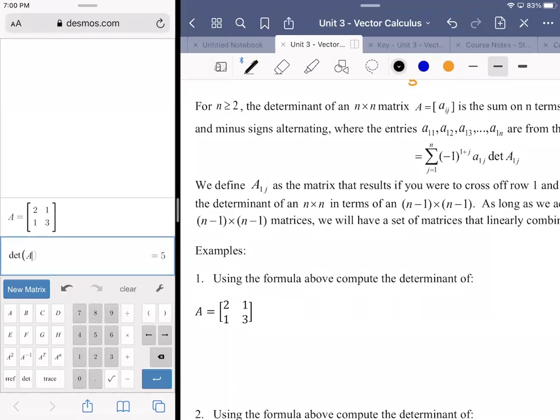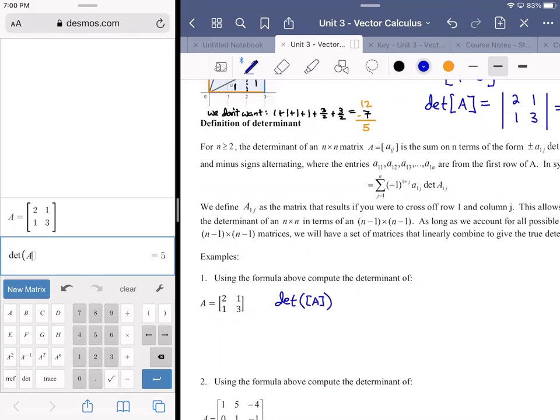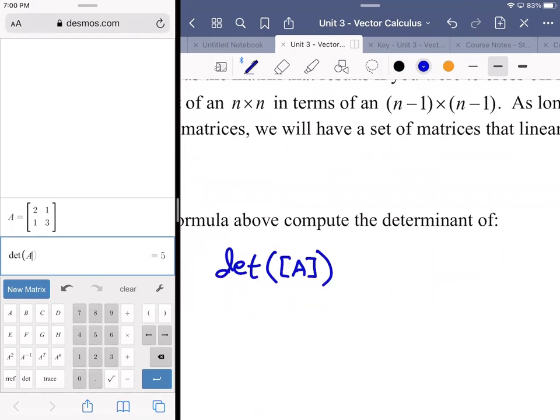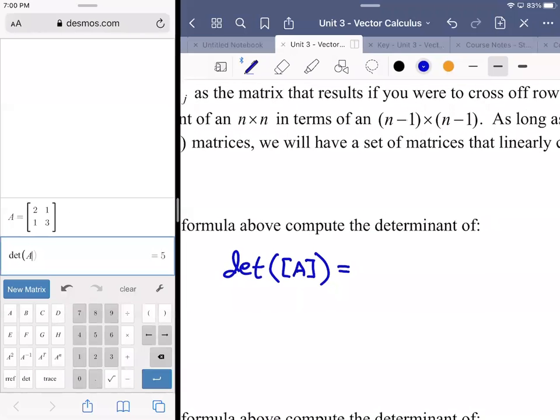So if we're starting off in the first row, let me write the proper notation. Determinant of matrix A, in brackets or brackets inside parentheses, it's the same thing. Both are acceptable notation.